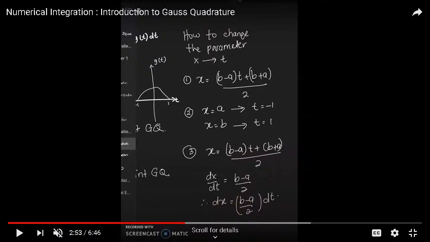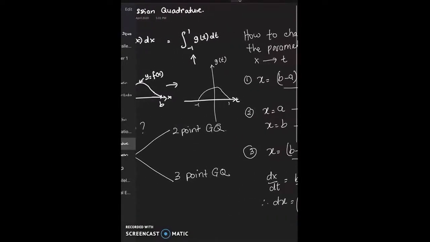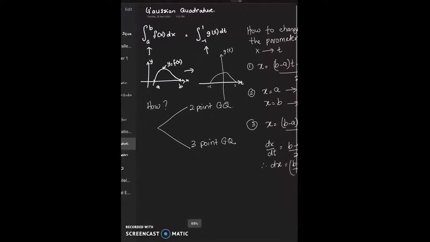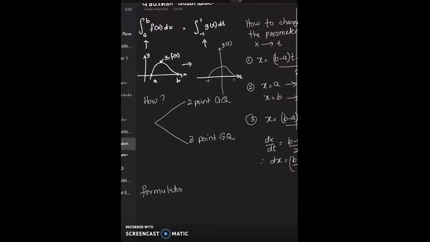The third is to differentiate, dx over dt, to get dx equal to (b minus a) divided by 2 dt, and replace dx with dt. Now the second question you need to remember is how to apply 2-point Gaussian quadrature and 3-point Gaussian quadrature. Why do we need a 3-point? Because we want to get an accurate result.